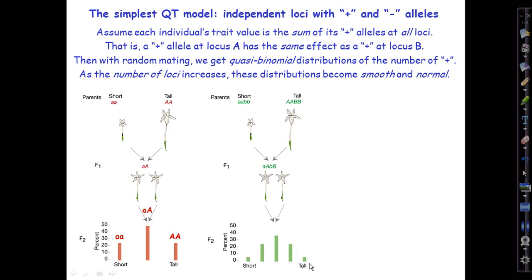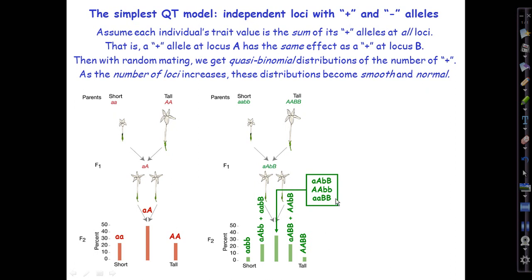That is 5 different ways of having either no capital letter alleles, or all capital letter alleles, or 2 and 2. And there are 2 ways each of having either one capital letter, it could be an A or a B, or you could have 3 of them, an A and 2 Bs, or 2 As and a B, in which case you're on the shoulders of the distribution, which is looking more normal.